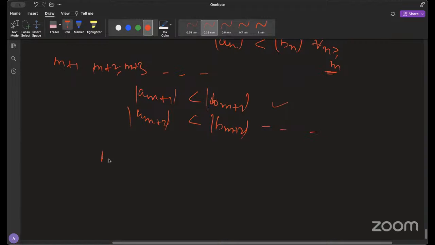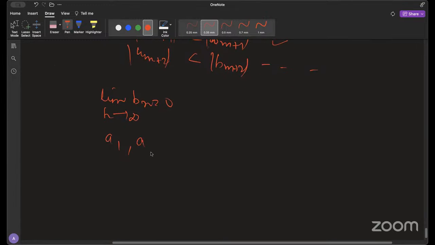And you have been given the limit of bn. In sequences, this is one point that I want to discuss. If you have a sequence tending to some a, and you start this sequence from a very huge number and take it from there afterwards, then this still tends to a.